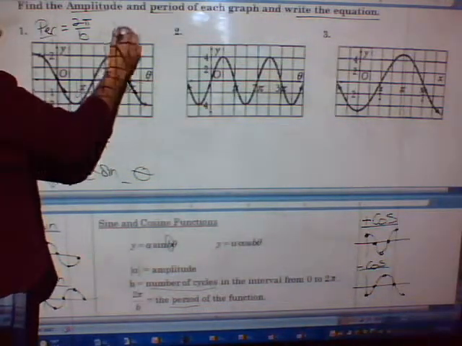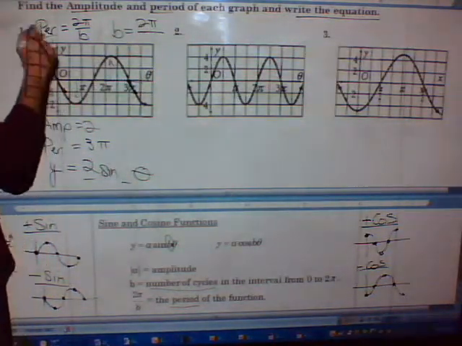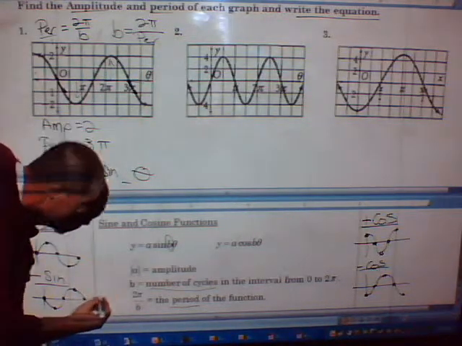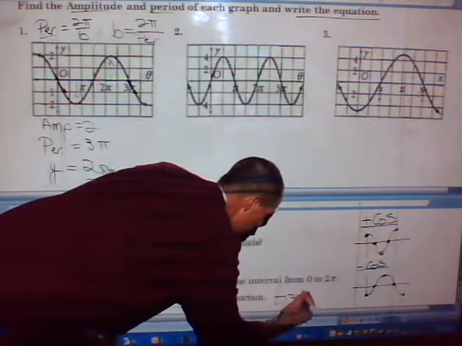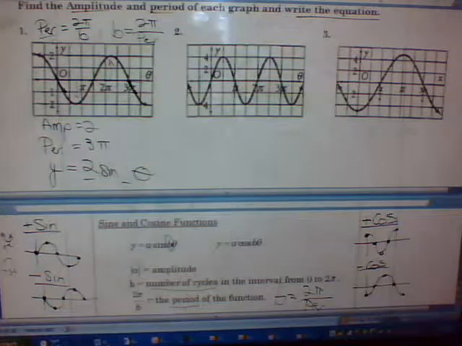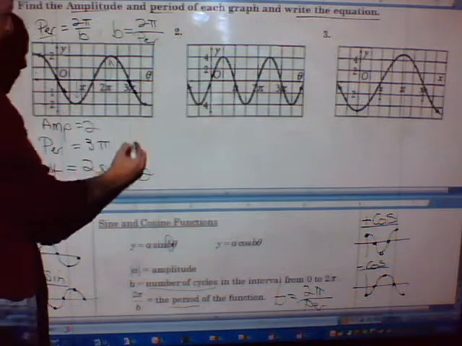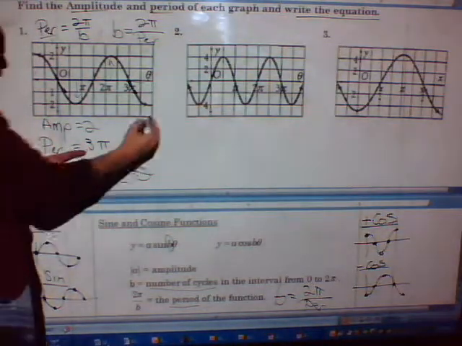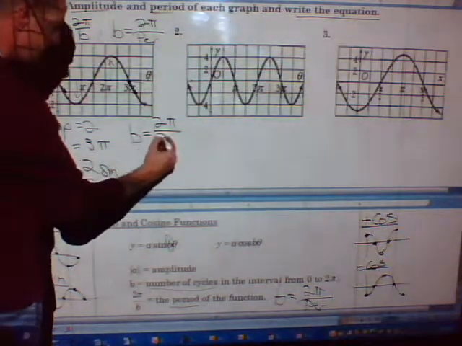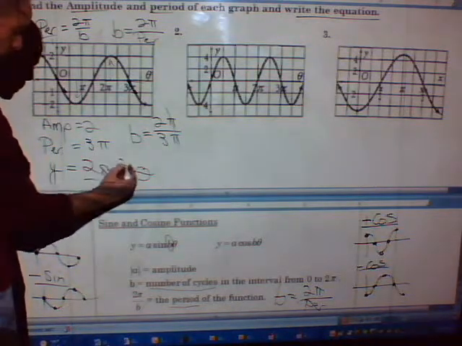So we can actually create a formula for b: b equals 2 pi over the period. And you'll probably want to add that to your notes here, that b equals 2 pi divided by your period. Because that's going to be useful to find your b. So in this particular case, b is going to equal 2 pi over your period, which is 3 pi. So the pi's cancel, and you get 2/3.